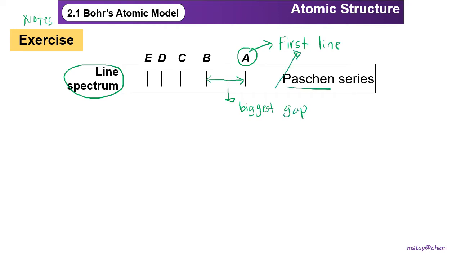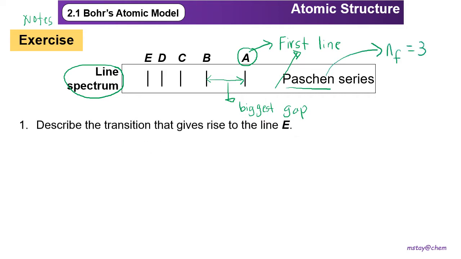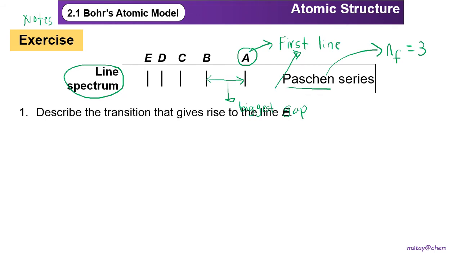Okay, Paschen series means that finally the electron will drop to n equal to 3. So let's see what the question asks for. Give the transition. Transition here means the movement of the electron for E. So just now we said A is the first line, B is the second line, C third line, D fourth line, and E is the fifth line.